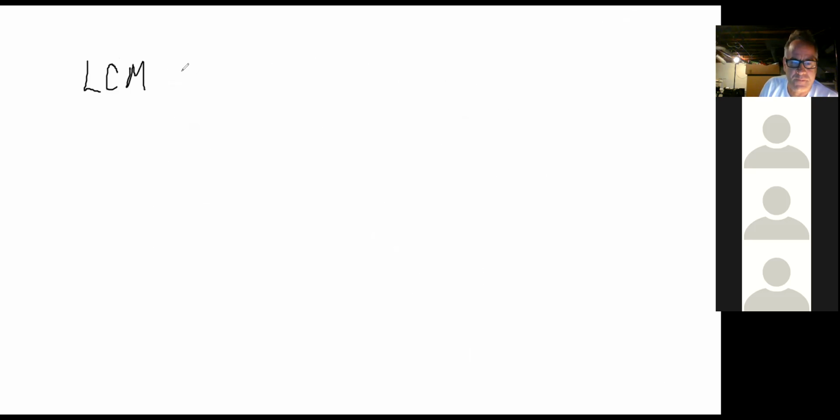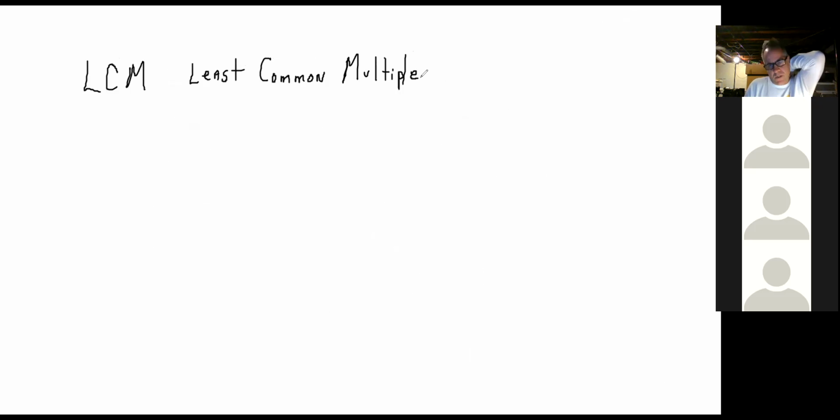LCM stands for least common multiple. All right, so the least common multiple is, so I hear the term least, so I'm already thinking smallest. When I find the least common multiple, I want the smallest number of, say, 2 or even more numbers, but at least 2.